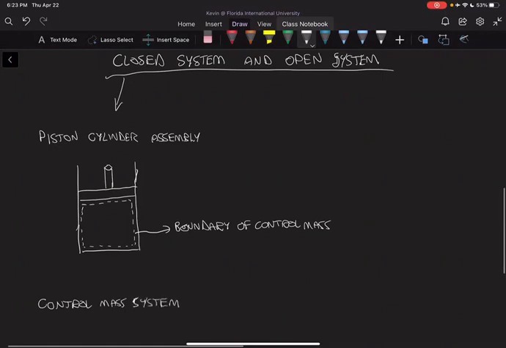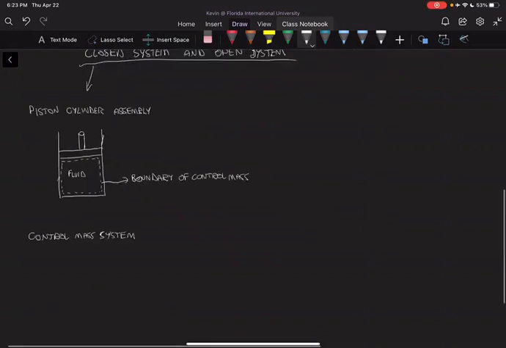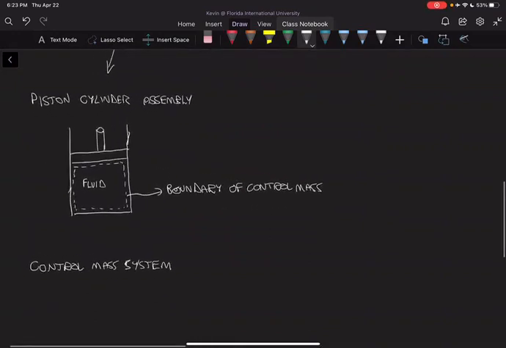The reason it's called a control mass system is because the mass is constant within the system. You can't take the mass out of the system. The system is completely closed. So usually we have some sort of fluid inside the piston cylinder. It could be a gas or a liquid. And this would be our piston.